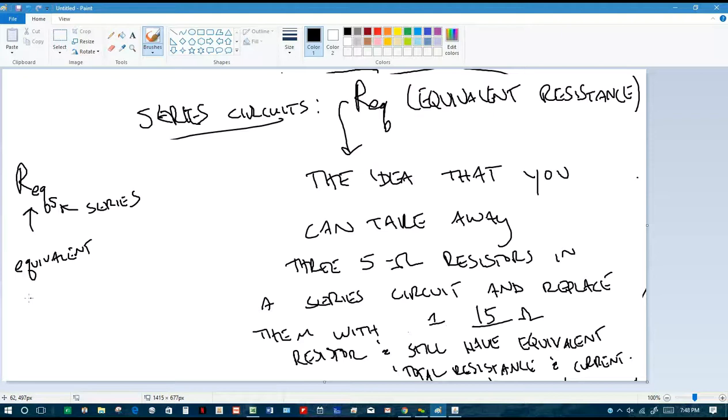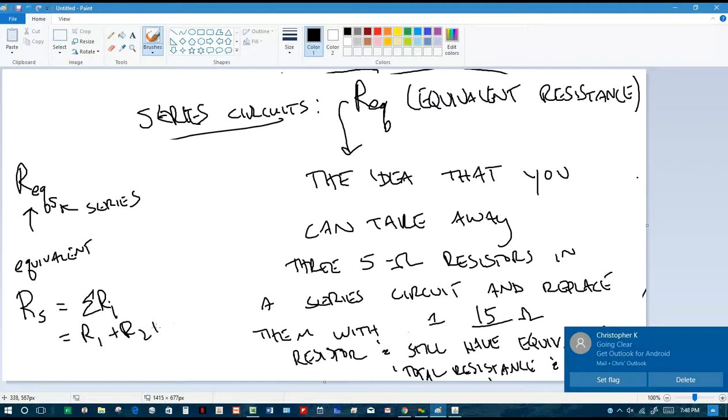Other times, like on the AP exam, they don't do that. They just put R S equals, and on the AP exam equation sheet that you get, it'll show the sum symbol the way I had shown you. It shows a sum of R I, and that just means the sum of them all. R1 plus R2 plus however many you have, right?